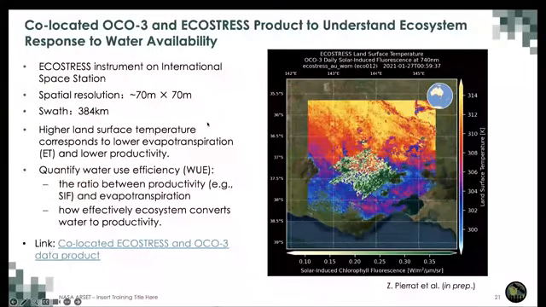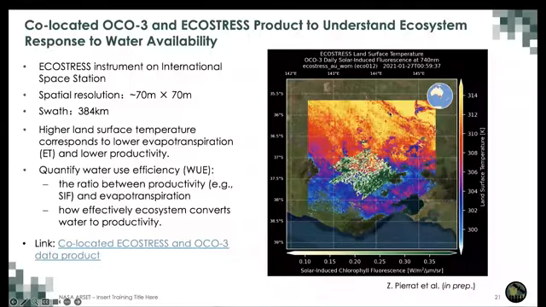I will give a brief introduction of the ECOSTRESS instrument. It has a spatial resolution of about 70 meters by 70 meters, so it has much higher spatial resolution than OCO3, but it also has a very wide swath. The swath width is close to 400 kilometers.